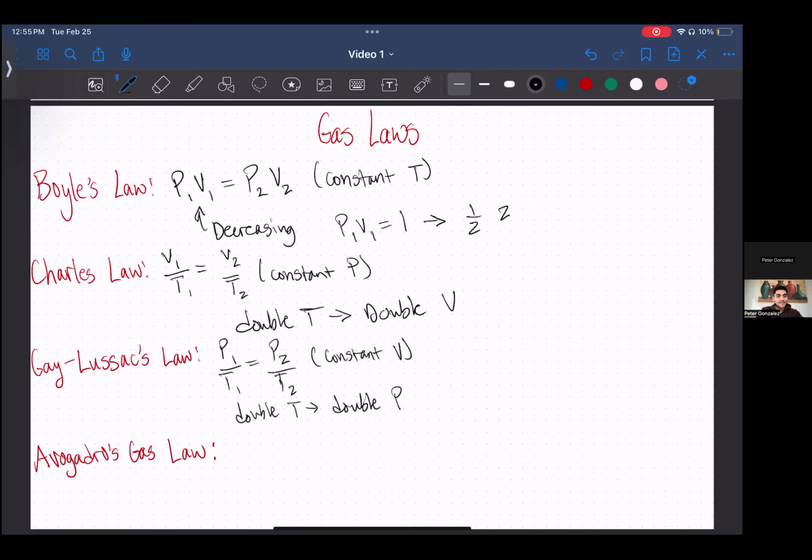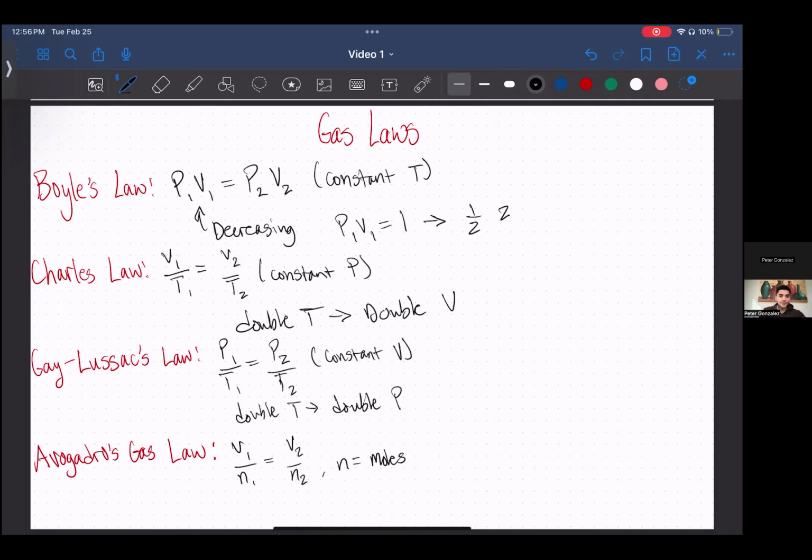And the last one is Avogadro's law, which, if you know anything about Avogadro, he had a really beautiful way of studying how the molecules of some gas or the molecules of an atom or element relate to moles of an element. So what his law says is that V1 over N1 equals V2 over N2, where N is equal to moles.